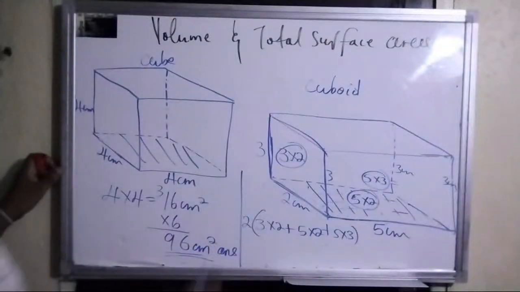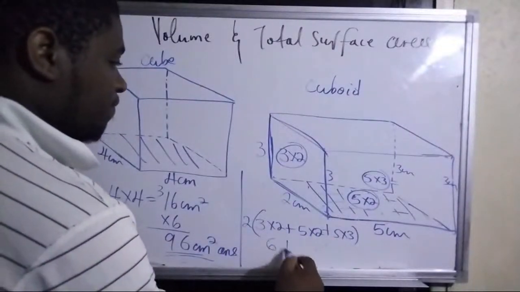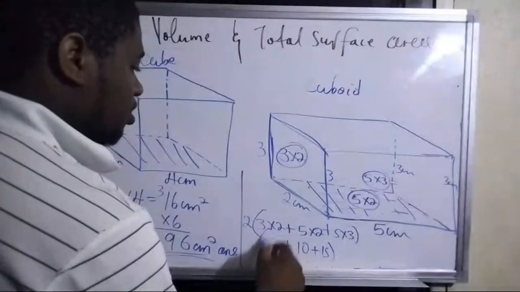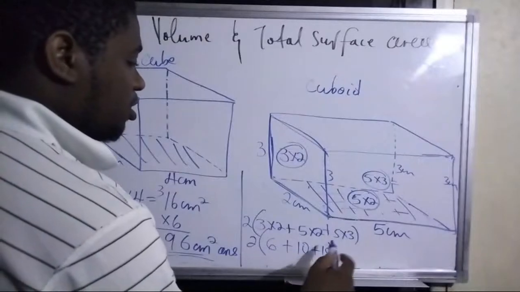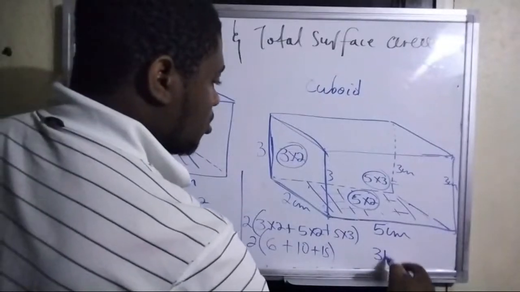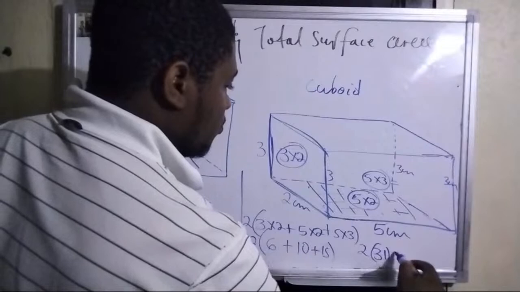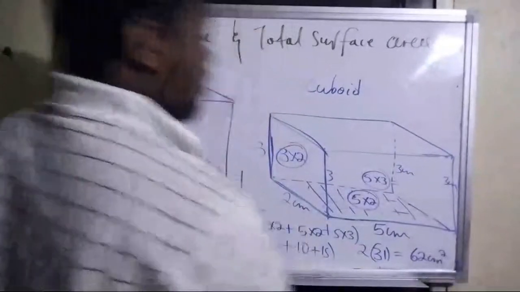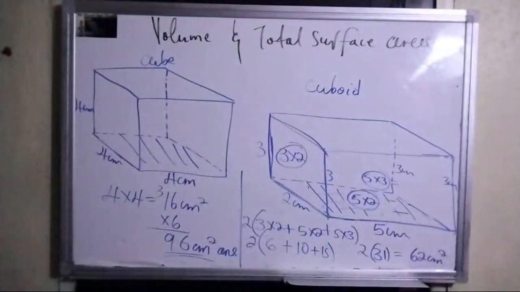So 3 by 2 is 6, 5 by 2 is 10, 5 by 3 is 15. Let's add these: 6 and 10 is 16, and 15 is 31. So it's 31 times 2, which is equal to 62 centimeters squared. So that will be the total surface area.